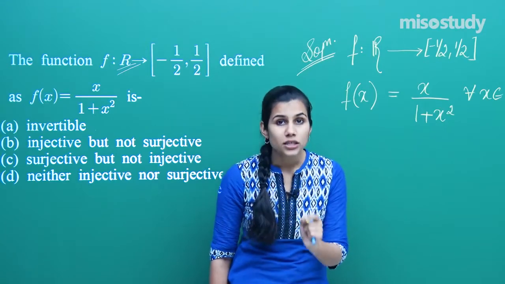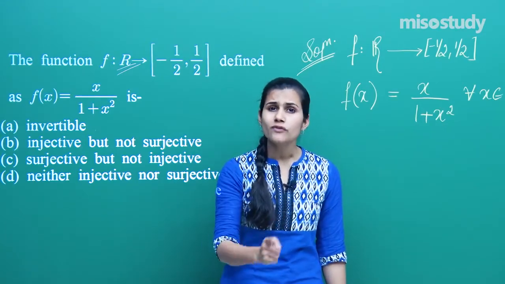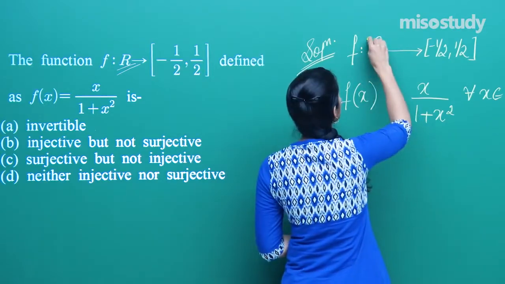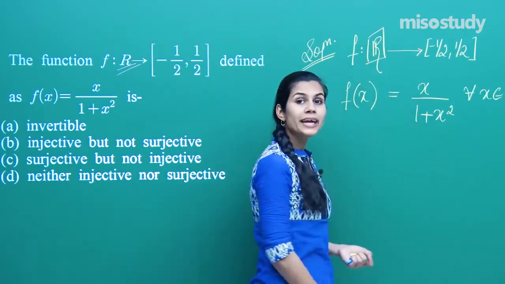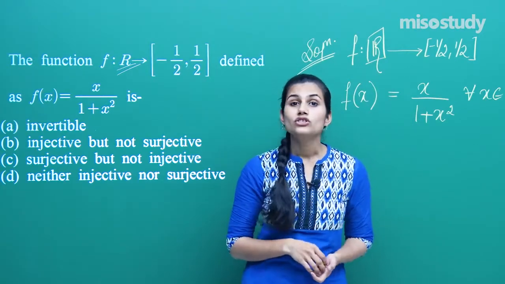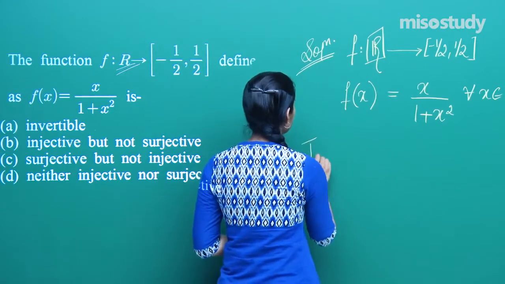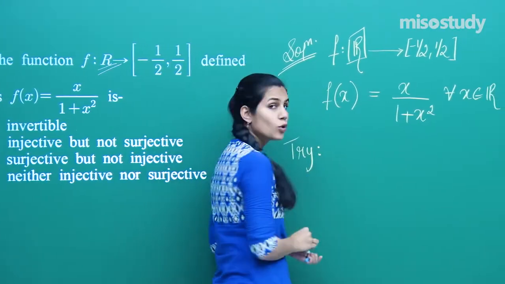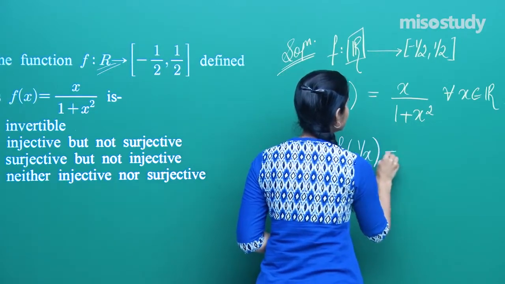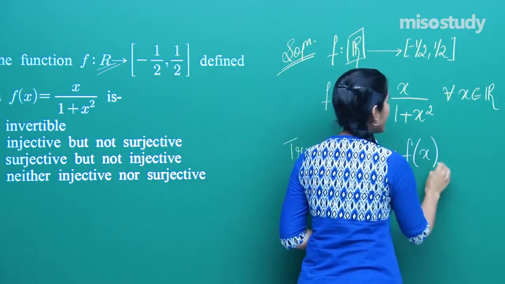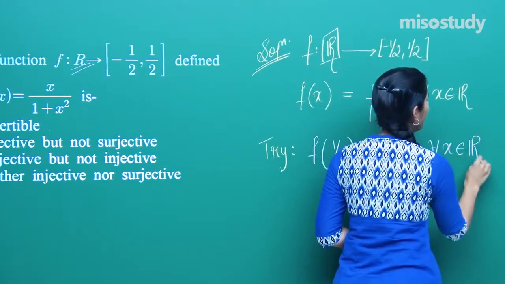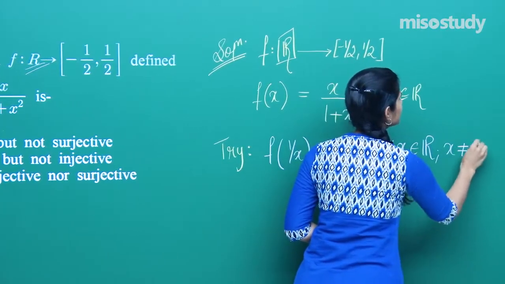And so comes the third option, which you can always try when you have the real line given to you as the domain set of the function f. What you just have to try is whether f of 1 by x is coming out to be f of x or not, for all x belonging to R, x not 0.